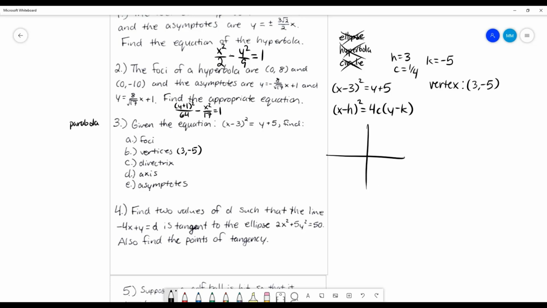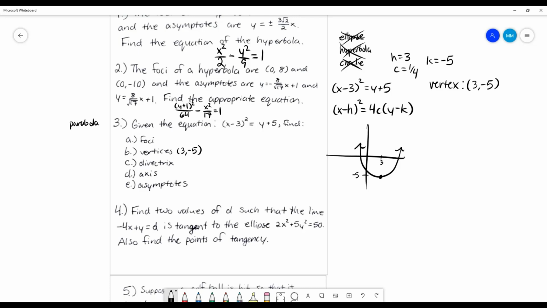Our vertex is (3, -5), somewhere like that. Which means our focus is going to be somewhere up in here, and our directrix somewhere down here. Remember that the focus and the directrix are equidistant from the vertex, or from any point on the curve, technically.